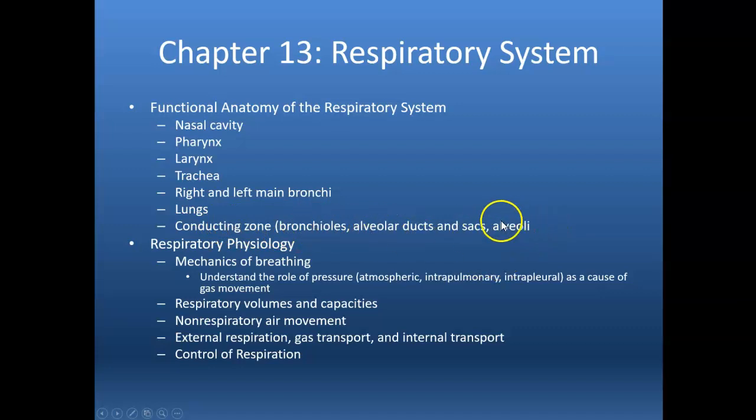And this is where we do the exchange of gas going into and out of the lungs from the blood. So we're familiar with the mechanisms, and need to understand the levels of pressure, including atmospheric, intrapulmonary, and intrapleural pressure, that cause the lungs to inflate and deflate as we move the diaphragm and intercostal muscles of the rib cage.